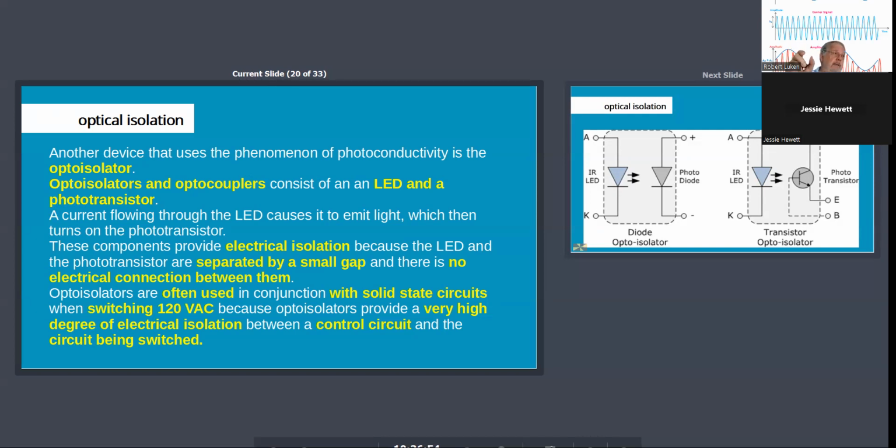Oh yeah, faster than a relay. It's really an electronic relay. And those are isolated because the coil in the relay is independent of the contacts for the relay. So it's just a solid state version of a mechanical relay.